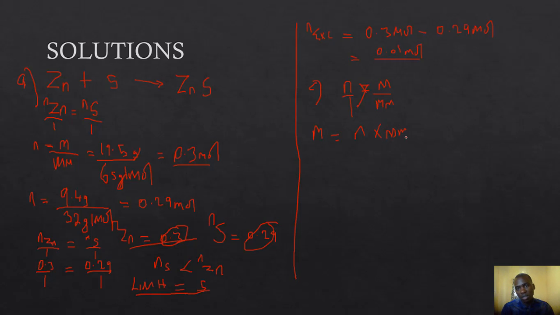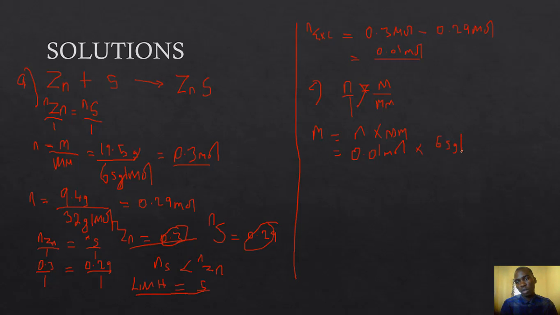Molar mass. Okay, so substituting into this one, we are going to have number of moles. Now we are talking about the mass that remained unreacted, so we are going to use the excess moles here. So this one will be 0.01 moles multiplied by zinc, which is 65 grams per mole.